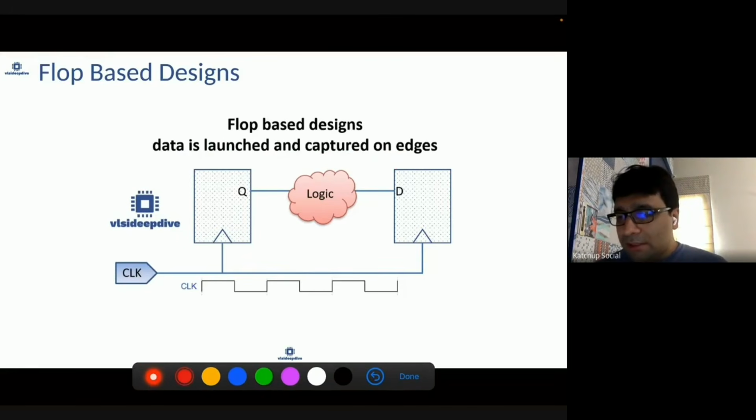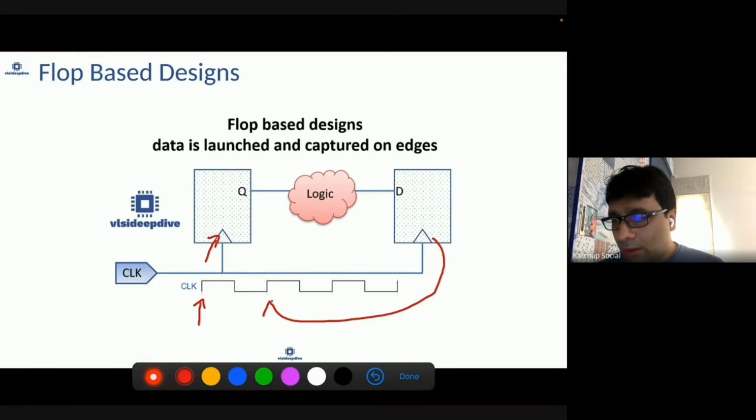So basically this flop will launch data on this clock edge, and the next flop will capture the data on the corresponding clock edge. So data is launched and captured on clock edges, and there is very little flexibility.